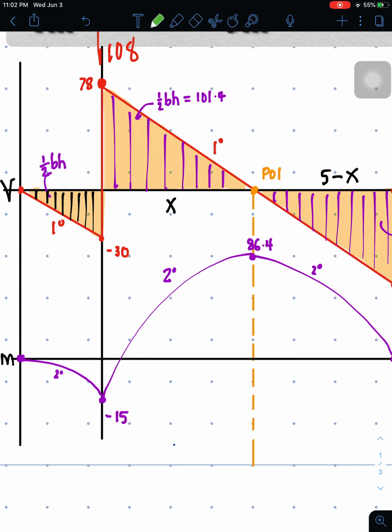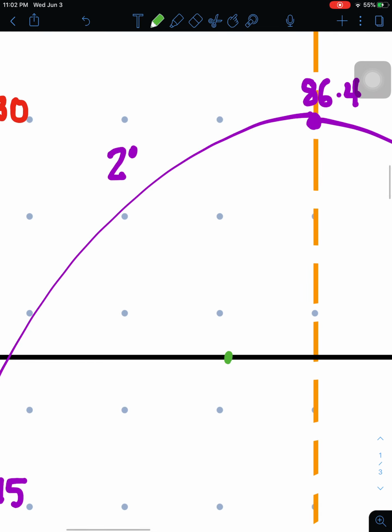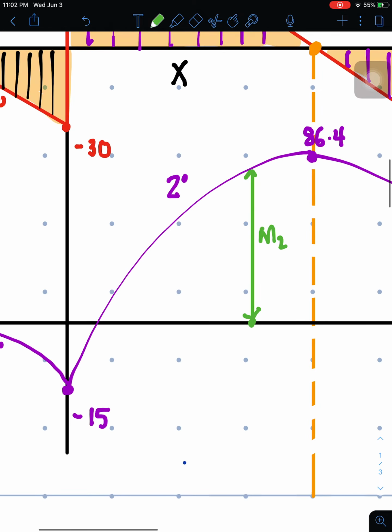For example, here. This is just an estimated portion. And by drawing a line vertically, this represents the moment at 2 meters. Again, the distance here, as I mentioned earlier, is 2 meters.